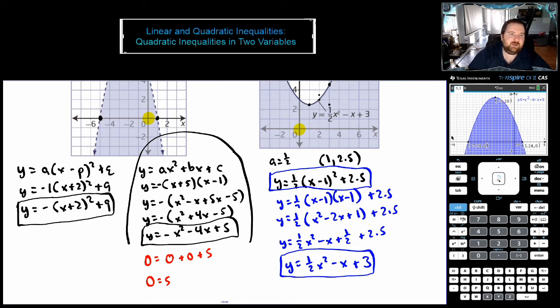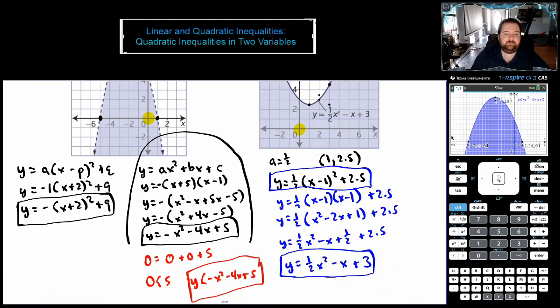And now I'm trying to determine which inequality would make the statement true: 0 greater than 5, 0 greater than or equal, 0 less than, 0 less than or equal. I see it's a dashed line, so less than 5 would be true. And so my final answer here would be y is less than negative x squared minus 4x plus 5. This is my inequality.